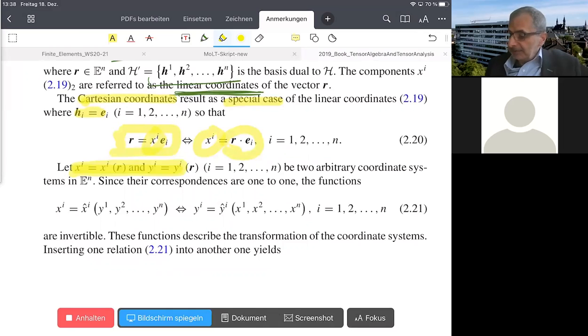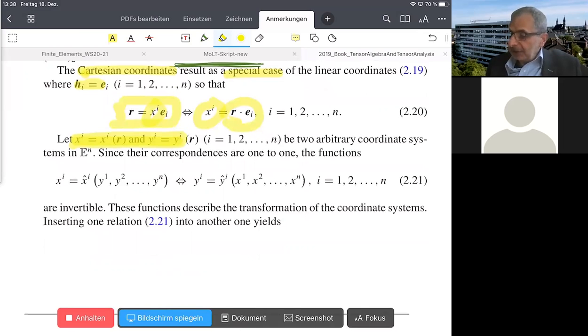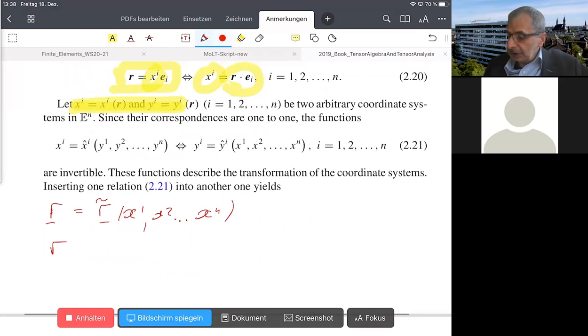Which means that I can write r is some function, let's say with tilde, of x1, x2, xn. And I can also write r is another function, maybe with another symbol, of y1, y2, yn, right? So we can define two different coordinate systems.